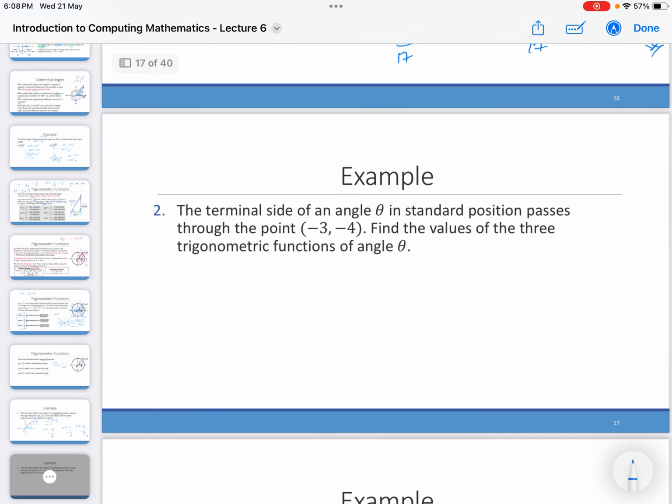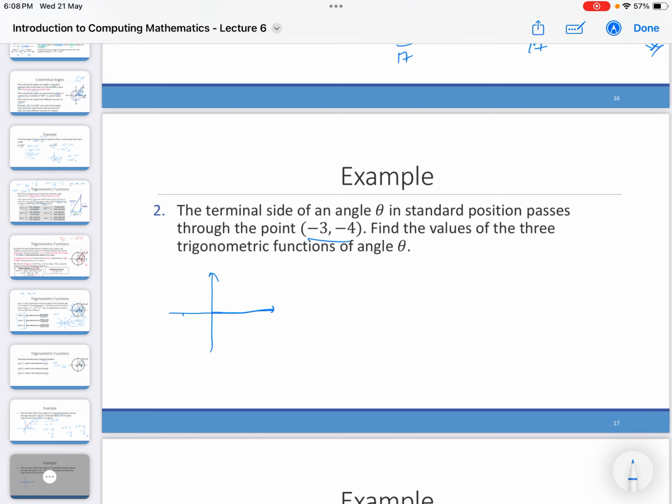Okay, let's look at another one. The terminal side of an angle theta in standard position passes through the point (-3, -4). So in standard position, the initial side is over here, and the terminal side passes through (-3, -4).